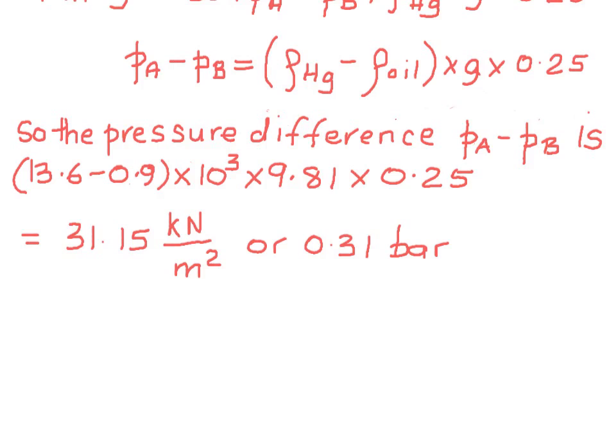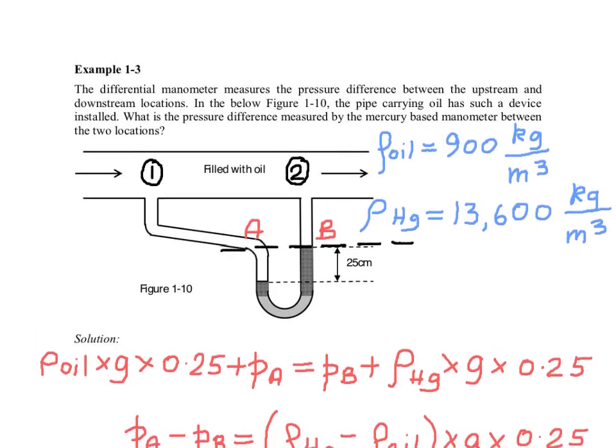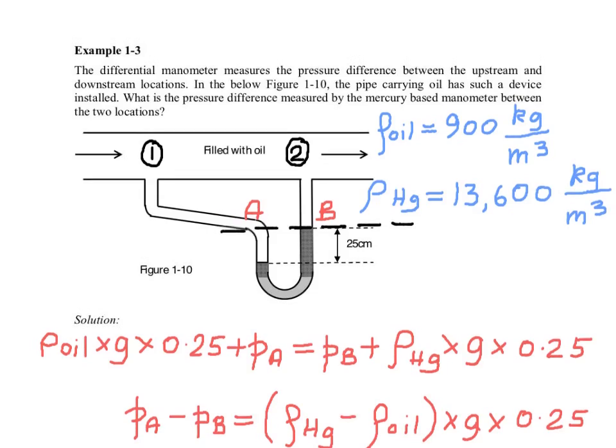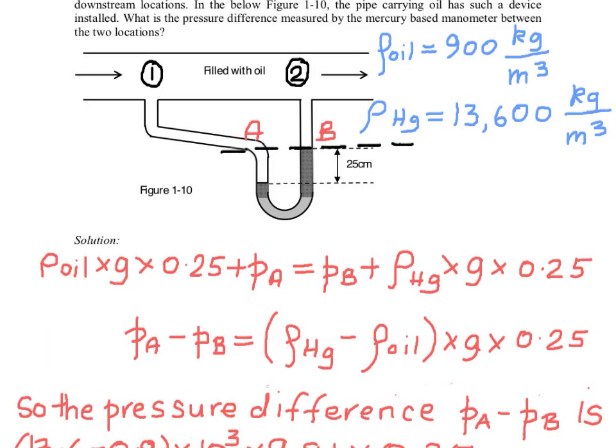Let's go back to our equation and the diagram, and you notice that we have to be very careful that we are using the pressure A as a proxy for 1 and the pressure B as the proxy for 2, because between 1 and A rather, and between 2 and B we have the same fluid, and the hydrostatic pressure between the 2 points are the same.